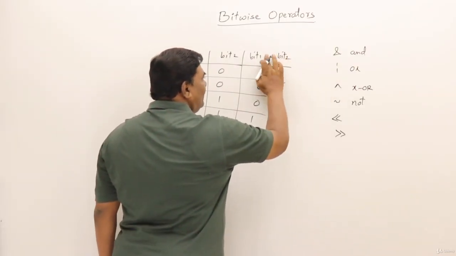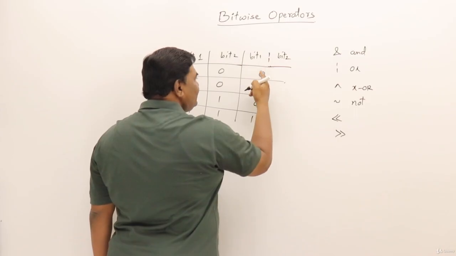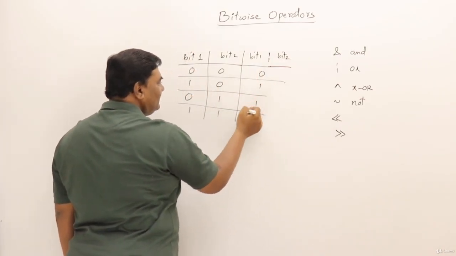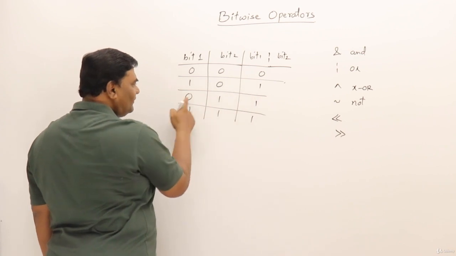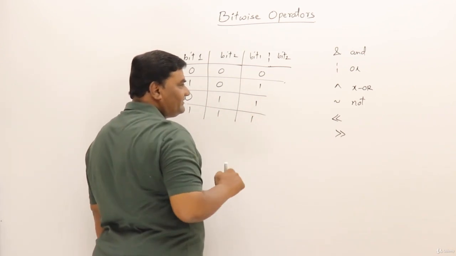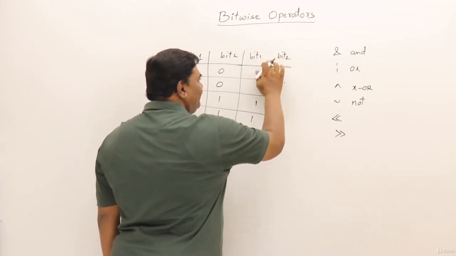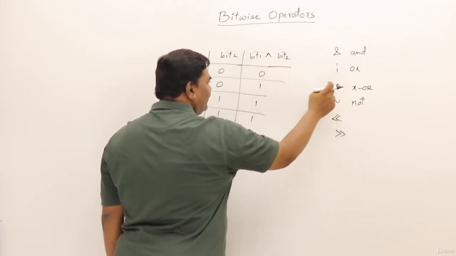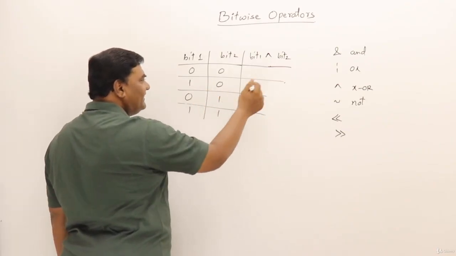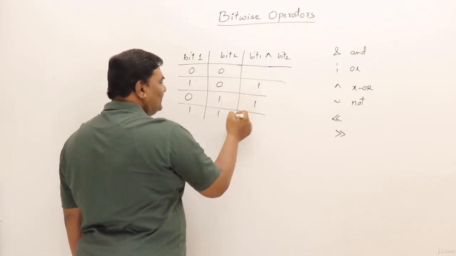Then if I say OR, this will be 1 if any one of the bits is 1. See, this is 1, so the answer is 1. Out of these two bits, this is 1, so the answer is 1. Or both are 1, so the answer is 1. Then XOR: if the bits are different, then only it will be 1.